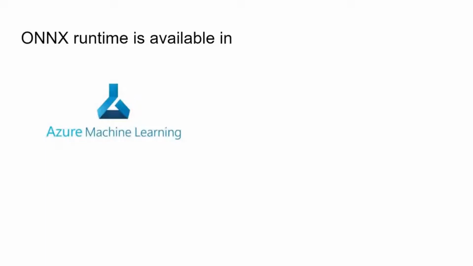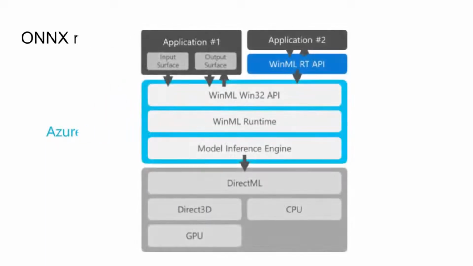So ONNX Runtime is available on Azure Machine Learning. If you think of how all these things work, application one will always be running on any of the products or something. So it's always WinML, Windows ML, which will be working, and it will always have that REST API and things like that. So what is a REST API?